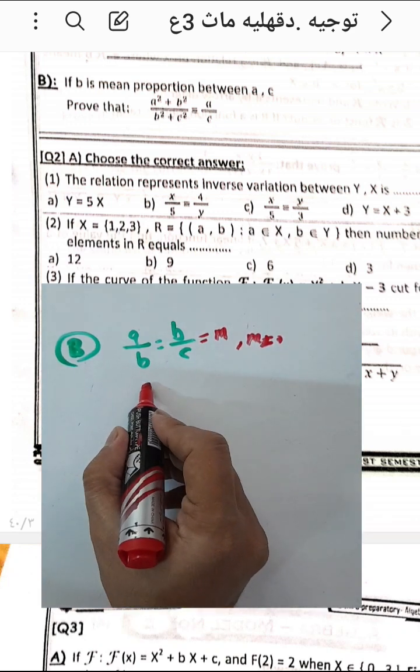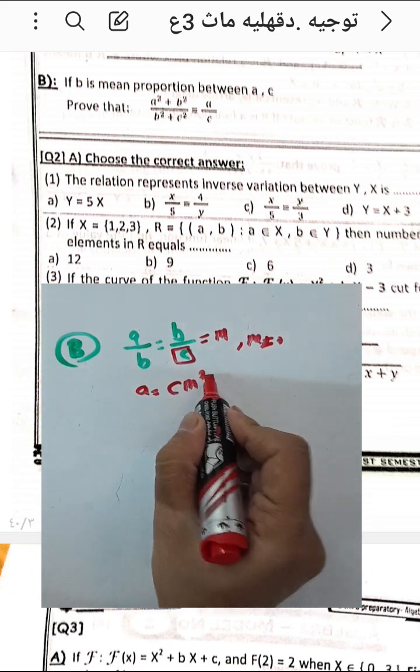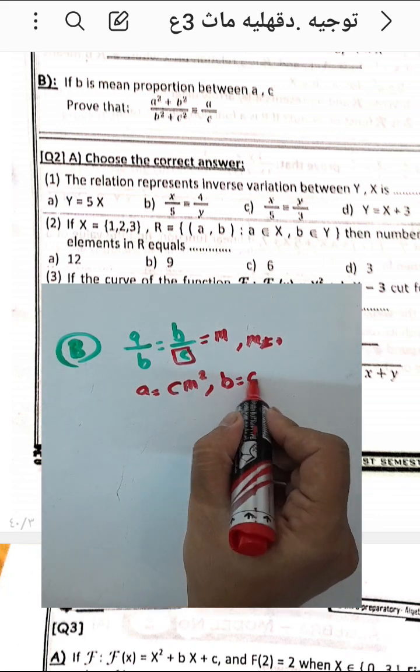And then A will be C M power 2, and B will be equal to Cm.